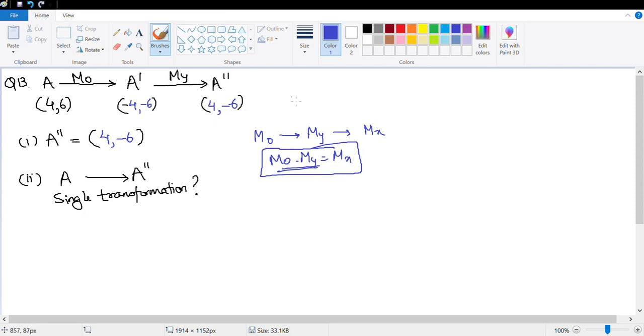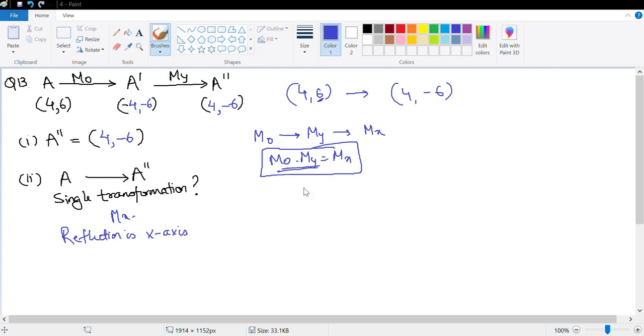So in this case, if I have 4 6 and I want to change it to 4 -6, the sign of only the y coordinate is changing, which means I am doing mx, which means reflection in x axis. Perfect. Let's look at the next question.